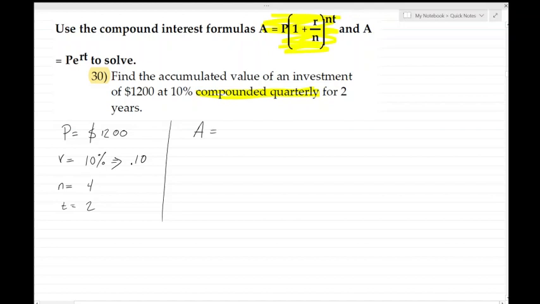So 1200 times 1 plus the interest rate, divided by the number of compoundings, to the power of the number of compoundings, which is 4, times 2.